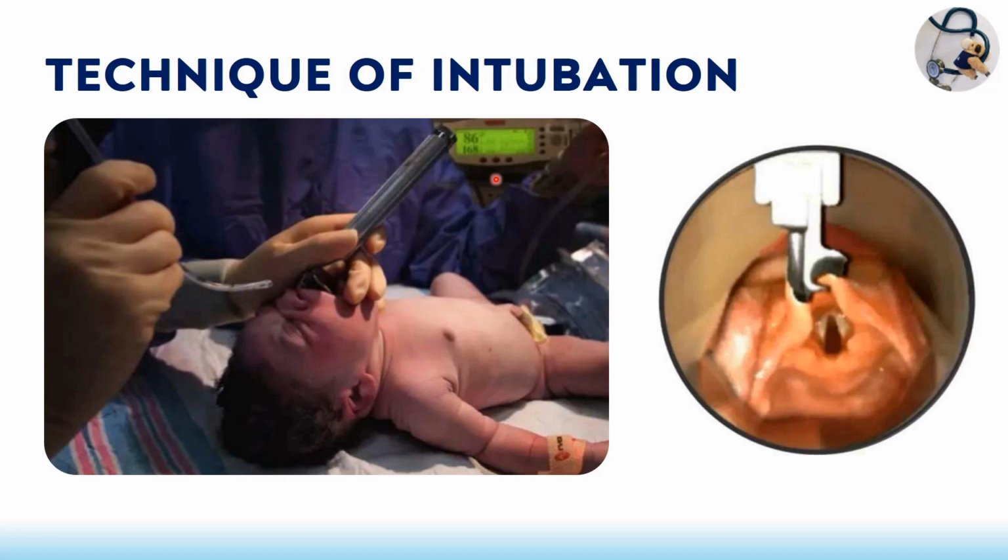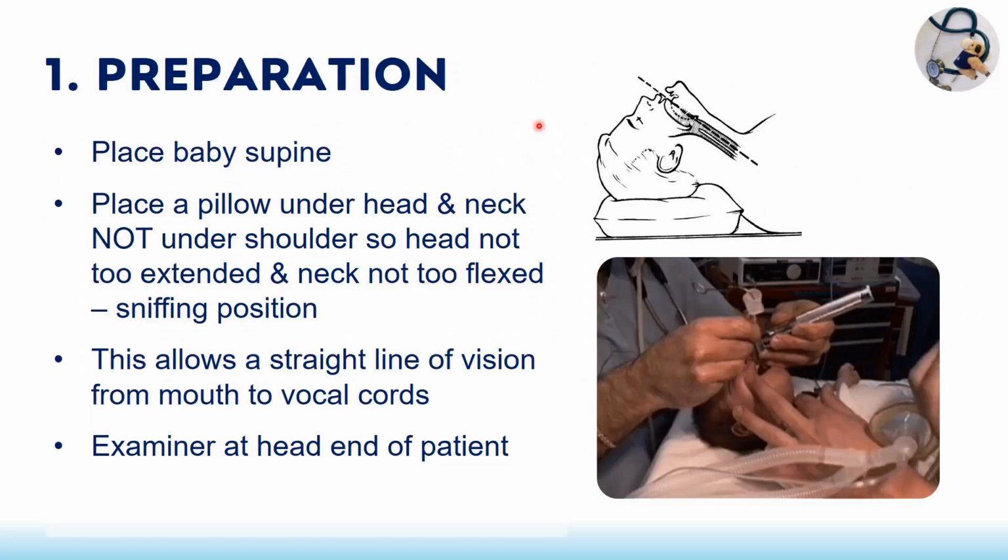Now technique of intubation, or technique of using the laryngoscope and then putting the tube. For this, number one, you start with the preparation. Here, place the baby supine like this. Place a pillow under head and neck like the one you see in the picture, and not under the shoulder, so that head is not too extended and neck is not too flexed.